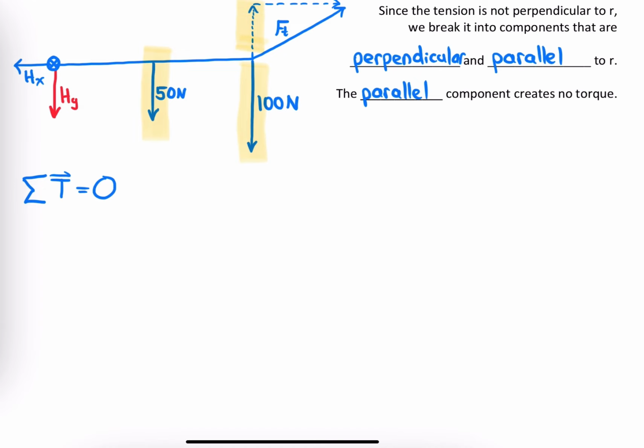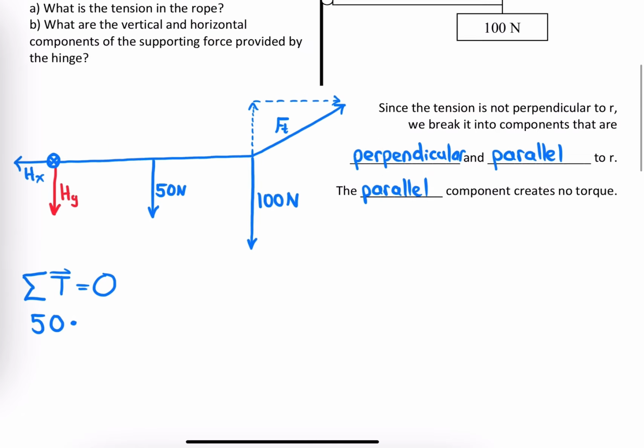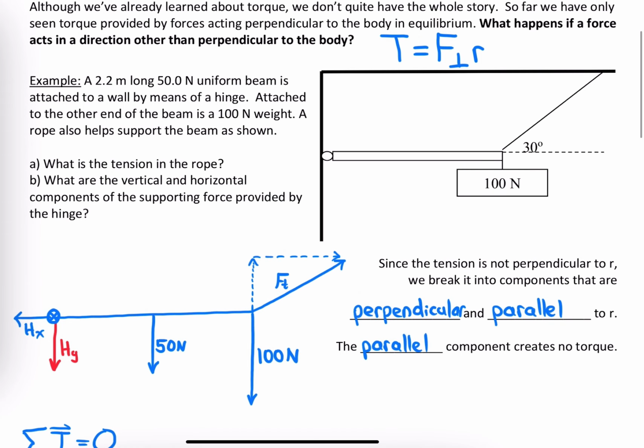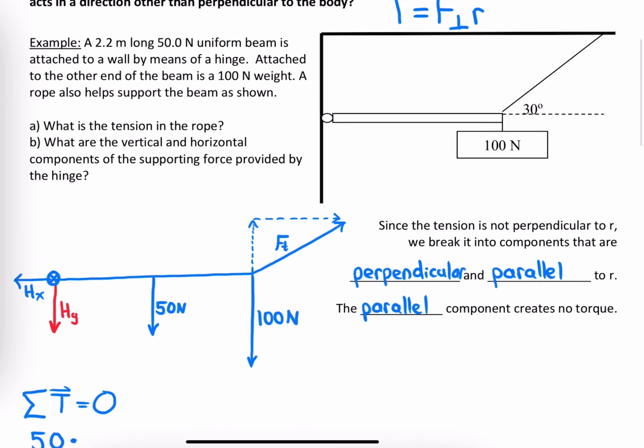So those are the three I'm going to put in my torque equation. So I've got 50 newtons, and that's being multiplied by a distance of, well, let's see what we're given here. We're told that the beam is 2.2 meters long. So that whole thing is 2.2, which means that from here to here is going to be 1.1. I might just add that to my free body diagram.